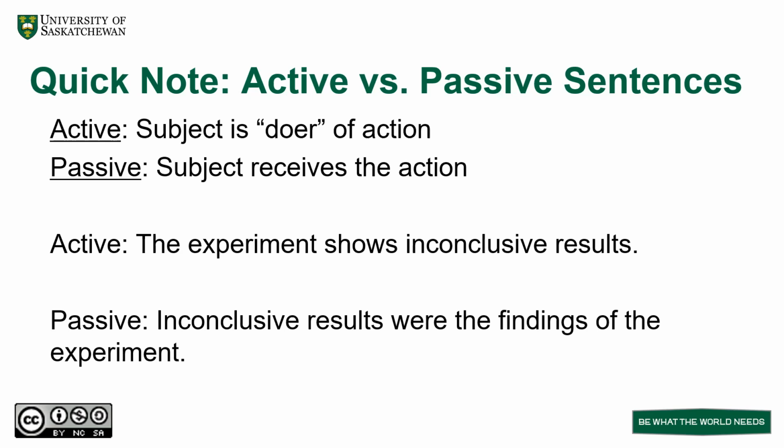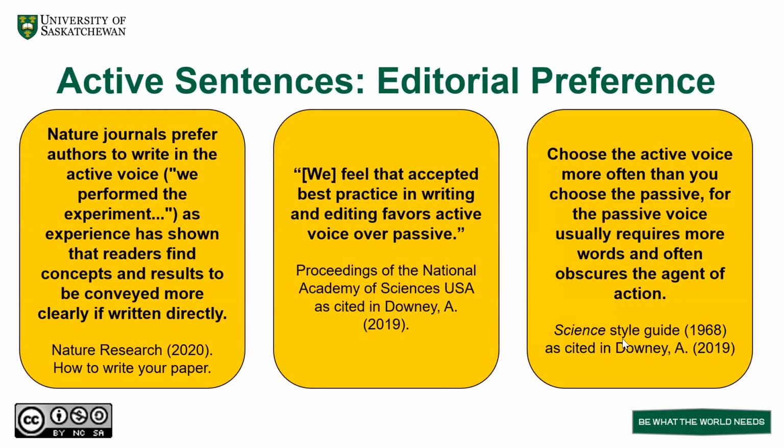We could state that information in a passive way by writing, inconclusive results were the findings of the experiment. So it just becomes a baggier, lengthier sentence, and it doesn't really enhance the information. And so often readers will gravitate toward those active sentences instead. In the sciences, even though there is a role for passive sentences, generally speaking, there's an editorial preference for active sentences.